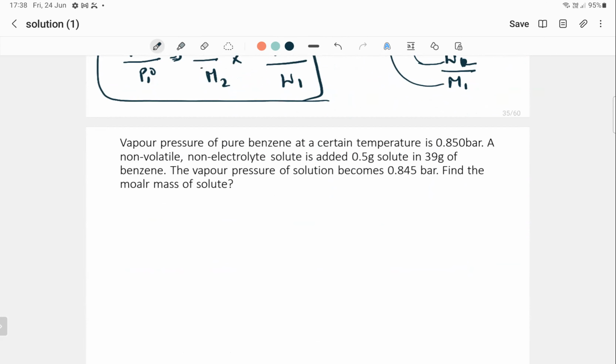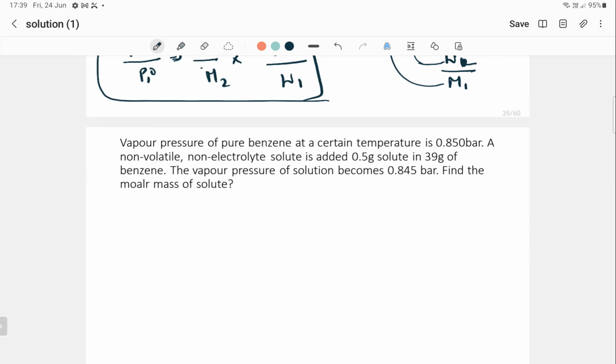Okay. So which means 39 is nothing but your W1. Yeah, exactly. How much? In grams they have given. So this is actually the given mass of your benzene. See, solute. So this is your solvent. Here, benzene is your solvent. So this is nothing but the given mass of the solvent.